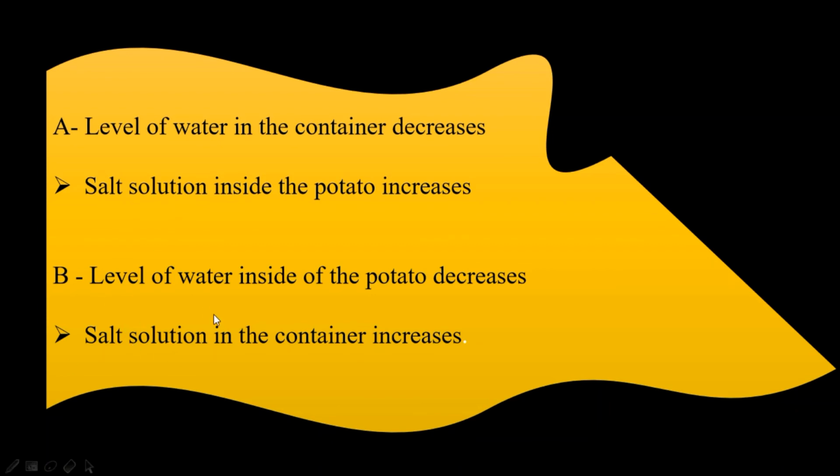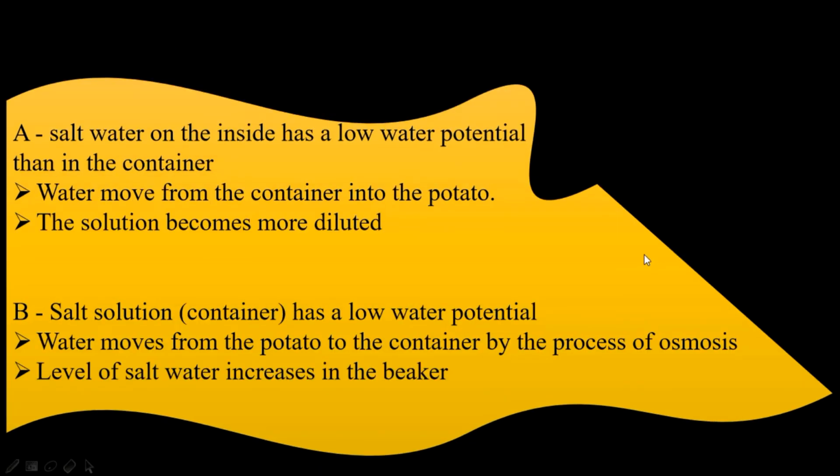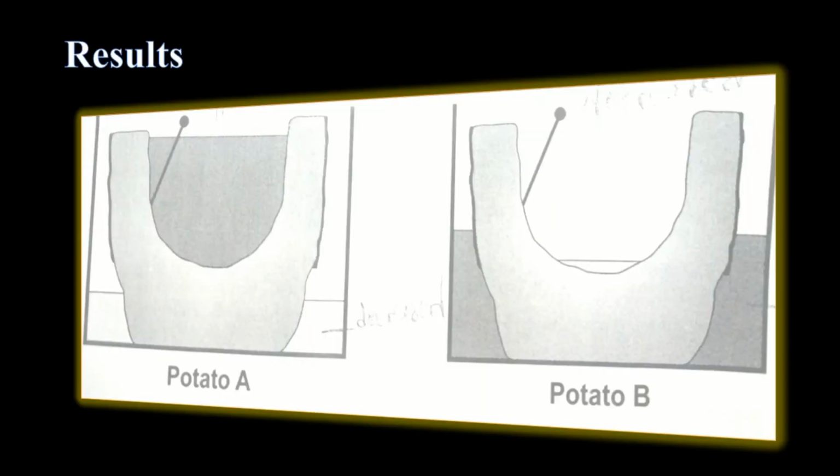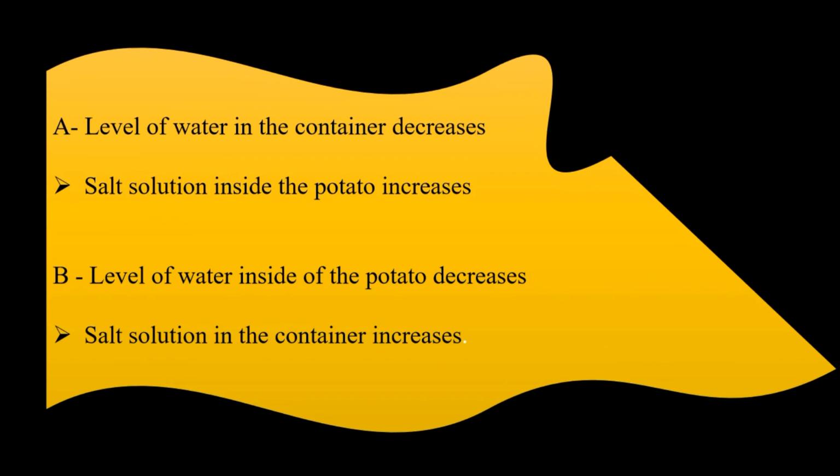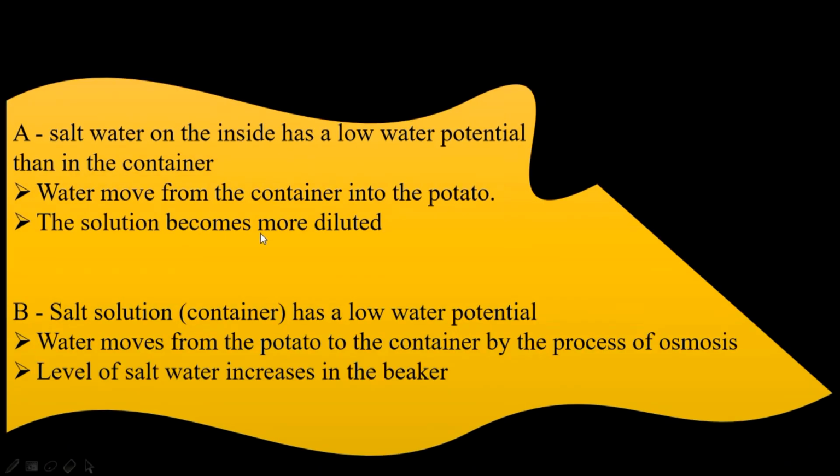Whereas in B, the level of water inside the potato actually decreased, and then because the level of water inside the potato decreased, the level of our salt solution in the beaker increased, making the salt solution which is in the beaker to be more diluted. Okay, now to interpret, those were our results.